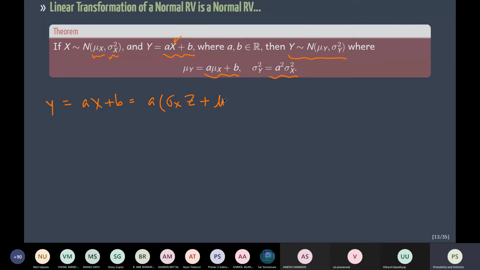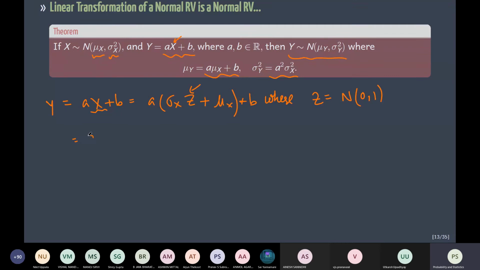What I'm trying to do now is transform x into a standard normal. So I can write x in terms of standard normal, which we have seen before, where z is standard normal, that is, 0, 1. And then there will be b also.